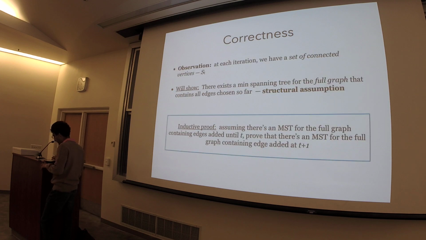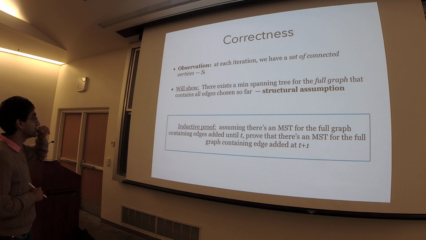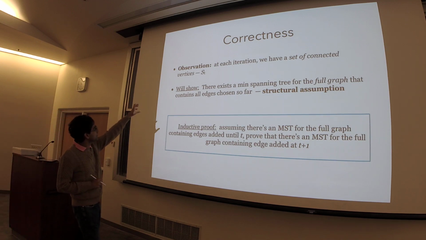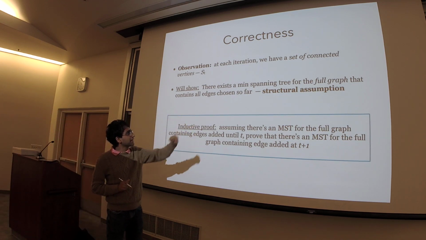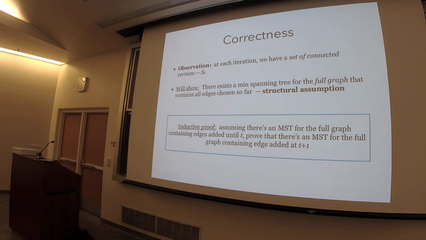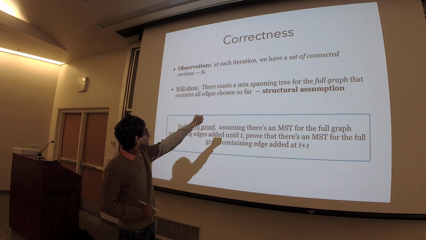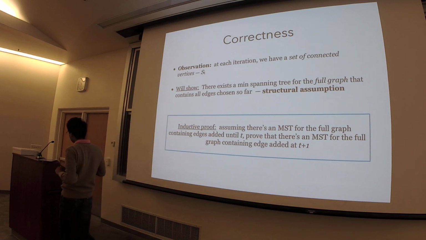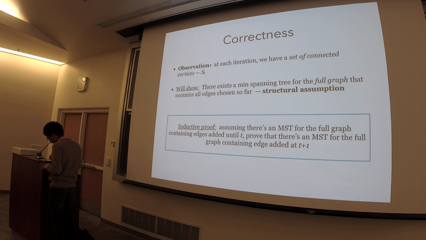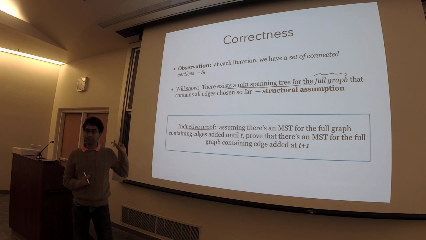Alright, so we said that you want to show the correctness of this algorithm. And we said that we'll try to show this by a very structural inductive argument. The claim will be that at every step t, there exists a minimum spanning tree for the full graph that contains all the edges so far.